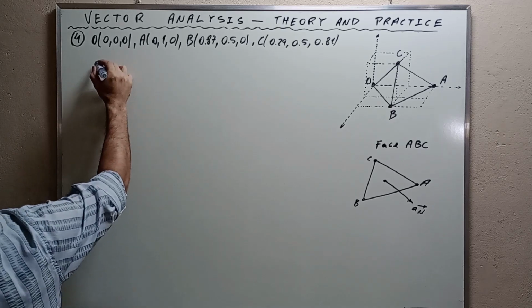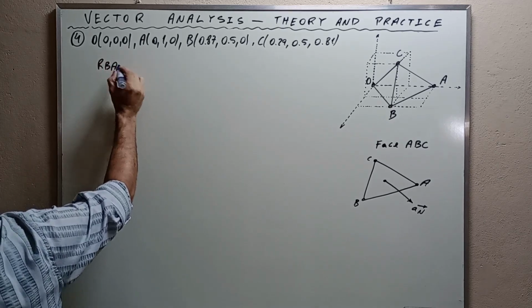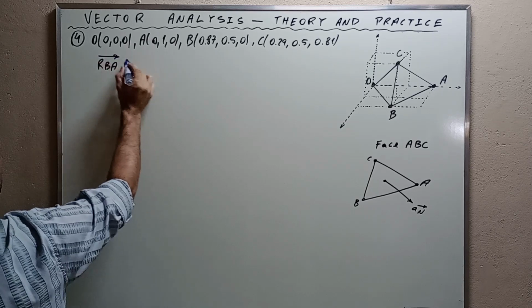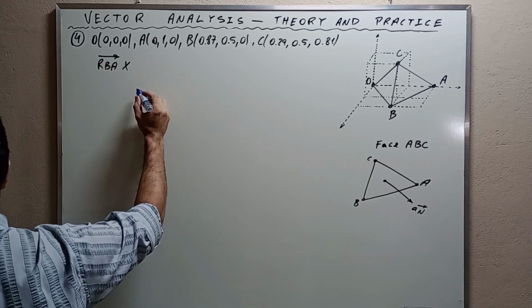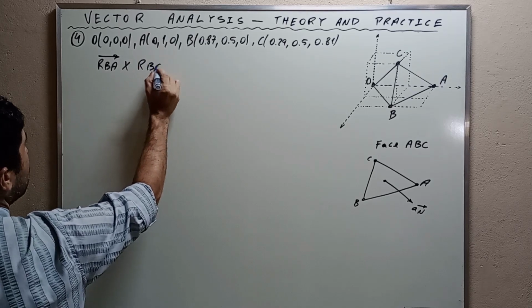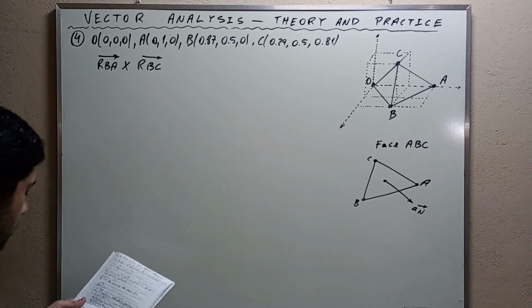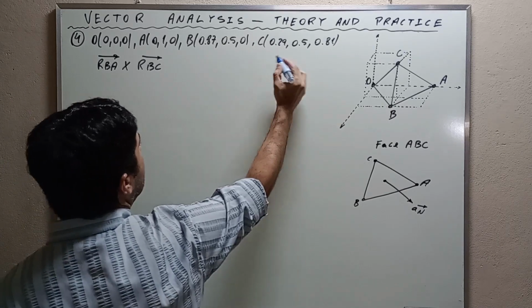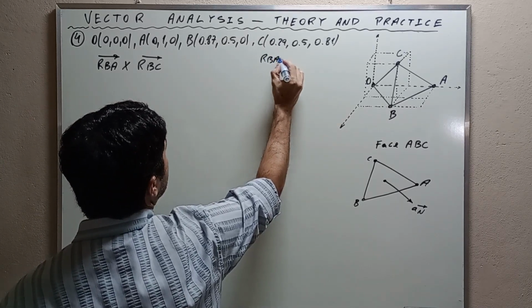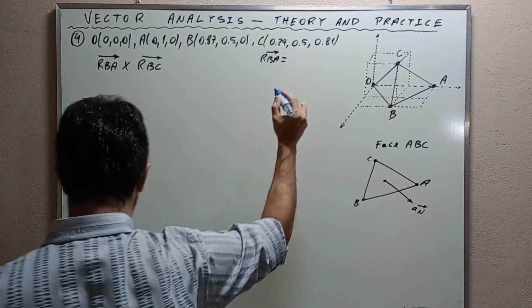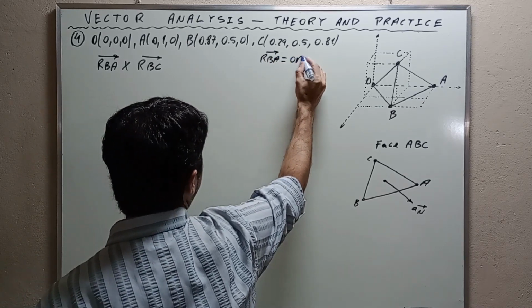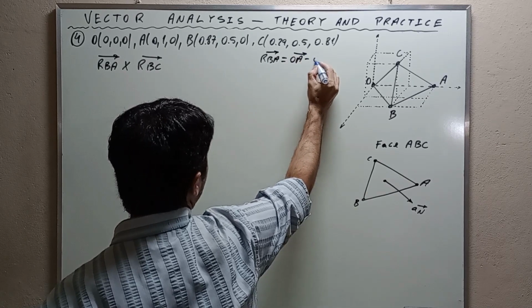Okay, R_BA in a cross product with R_BC. Okay? And R_BA, as we did before, can be understood as OA minus OB.